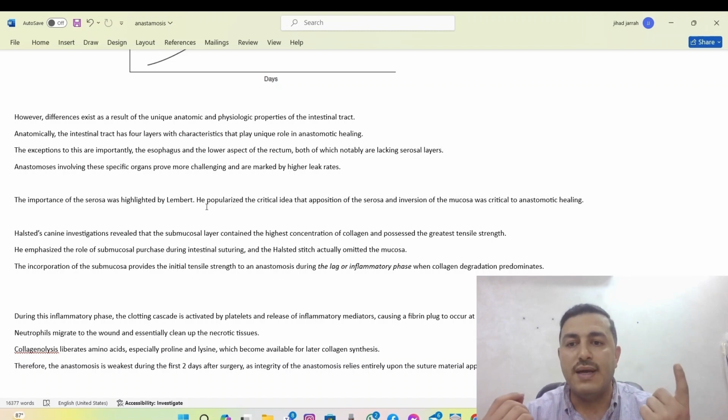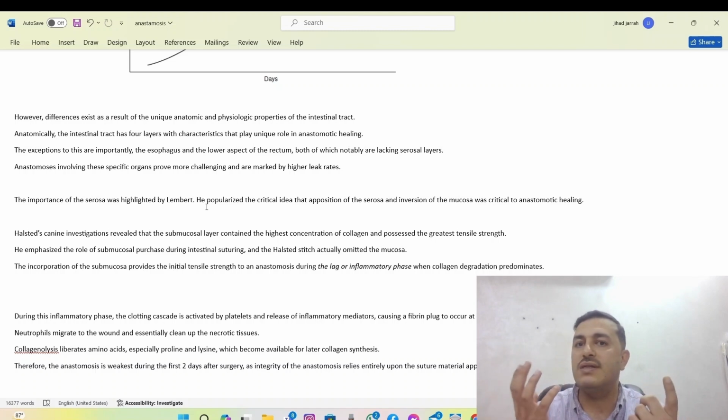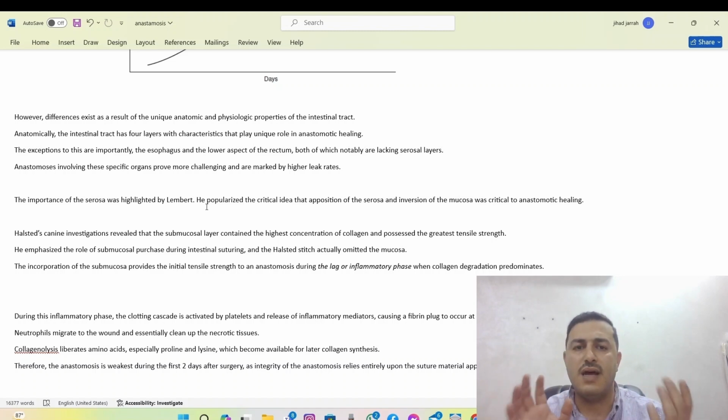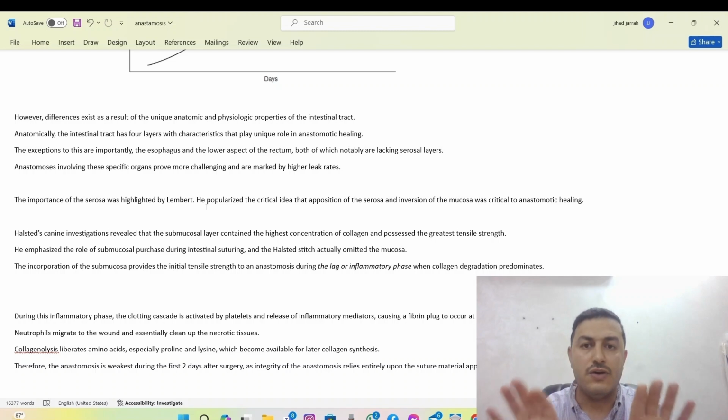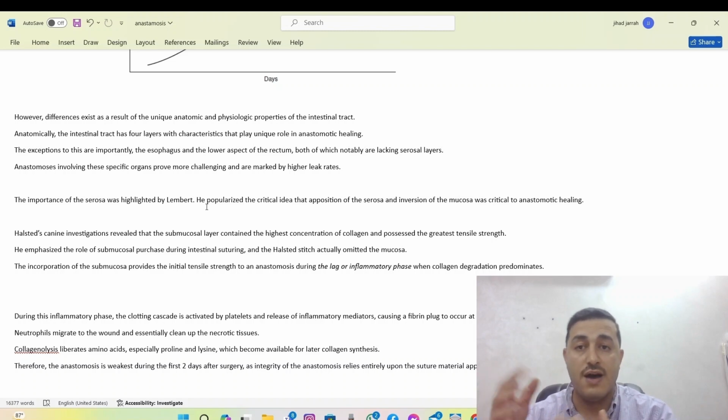A surgeon called Lambert highlighted the importance of the serosa, and he said that this layer of the bowel is the most important and we have to approximate it.